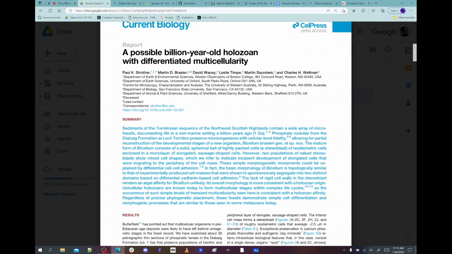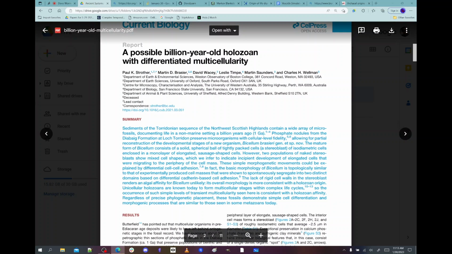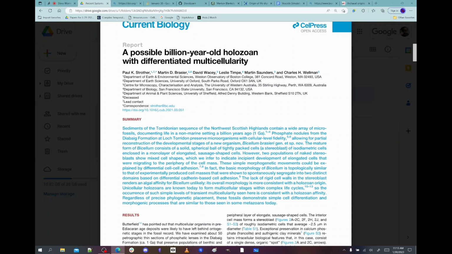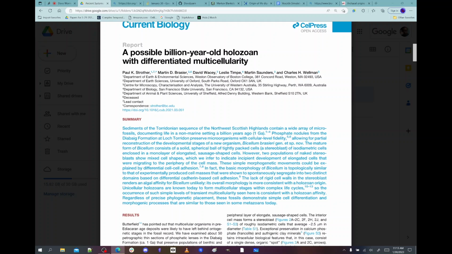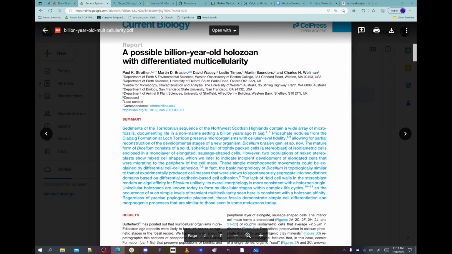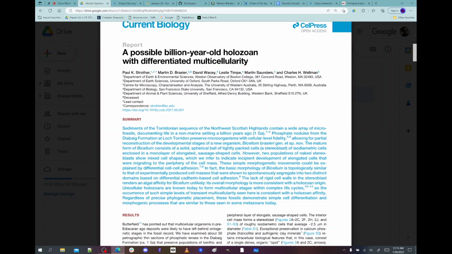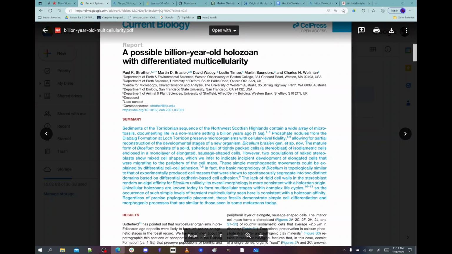However, two populations of naked stereoblasts show mixed cell shapes. So this is where we're looking at two populations of these cell formations that show mixed cell shapes, which we infer to indicate incipient development of elongated cells that were migrating to the periphery of the cell mass. These simple morphogenetic movements could be explained by differential cell-cell adhesion.